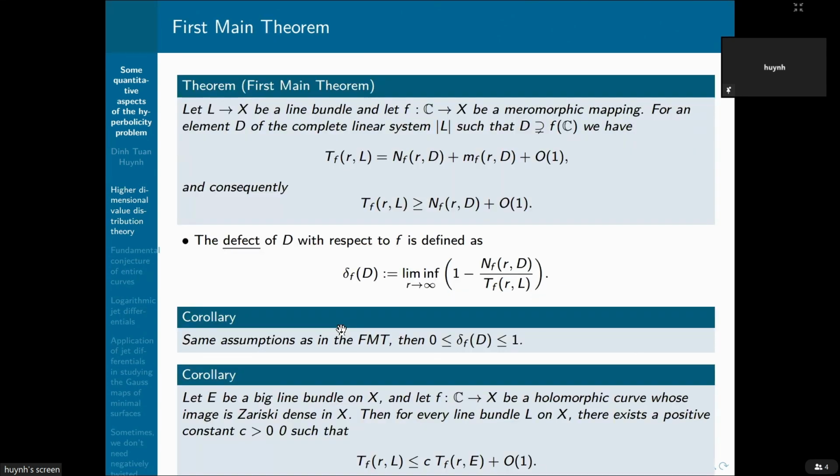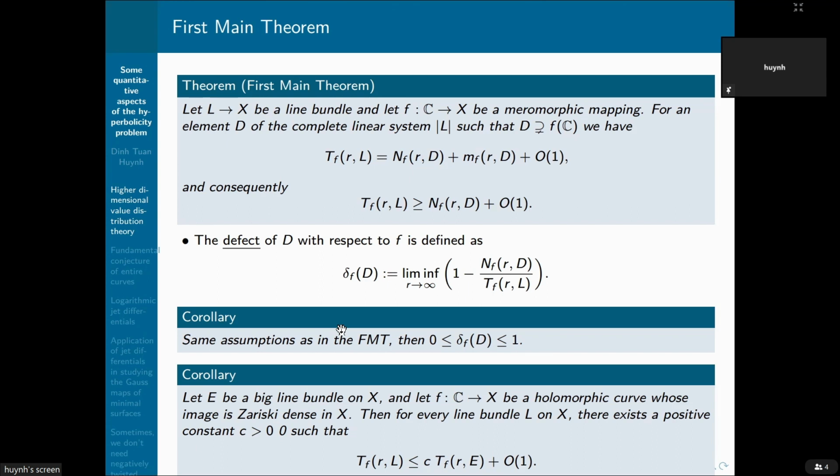So Nevanlinna theory consists of two main theorems. The first one tells you that the order function of f with respect to the line bundle L is roughly equal to the sum of the counting function plus the proximity function, up to a bounded term.